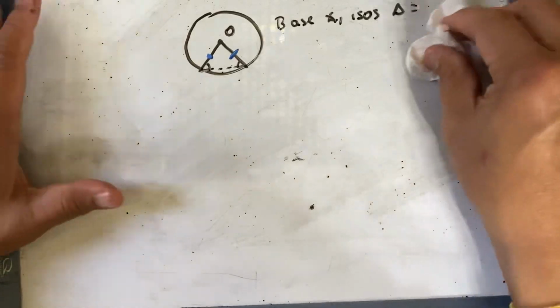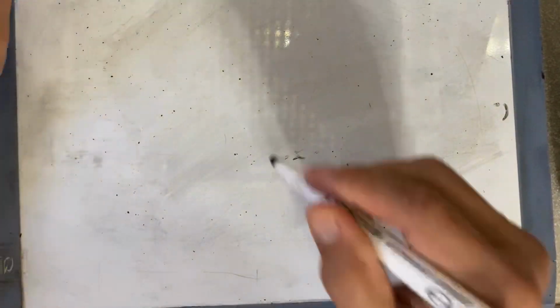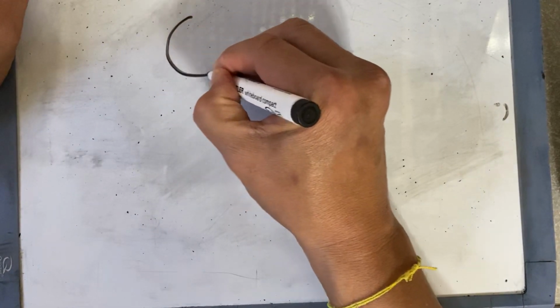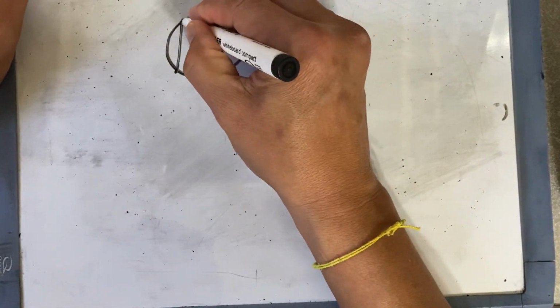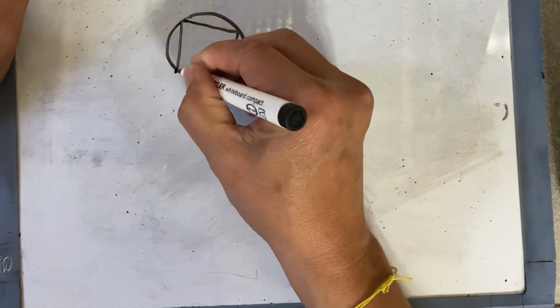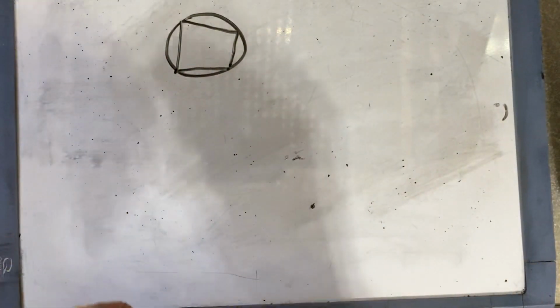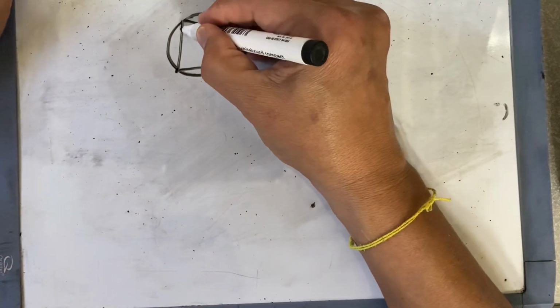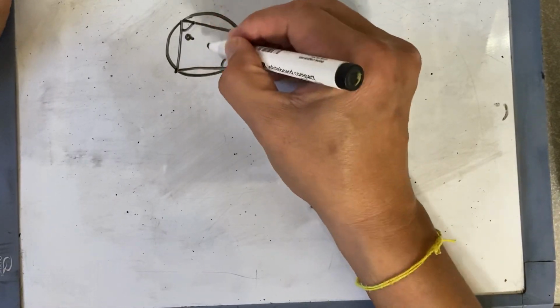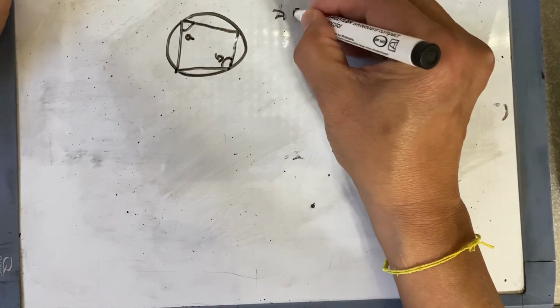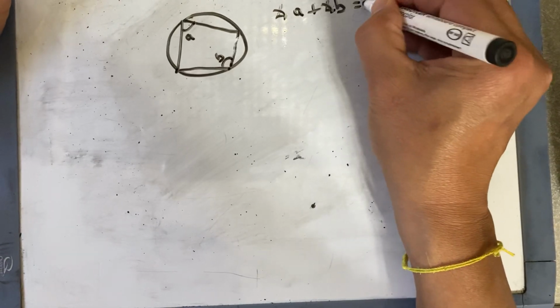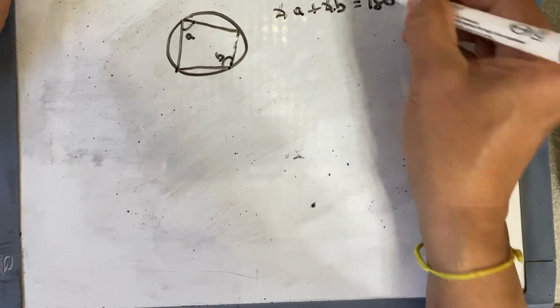Okay, now for the year 11 guys, we are going to introduce something called cyclic quad. A cyclic quad is a circle with a quadrilateral inside it. The first theorem states that these two angles, the ones opposite each other, angle A and angle B, angle A plus angle B must add up to 180 degrees.